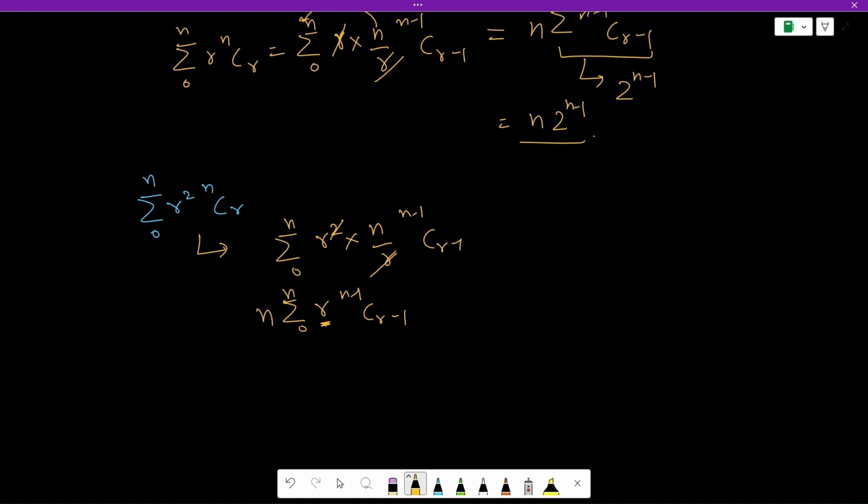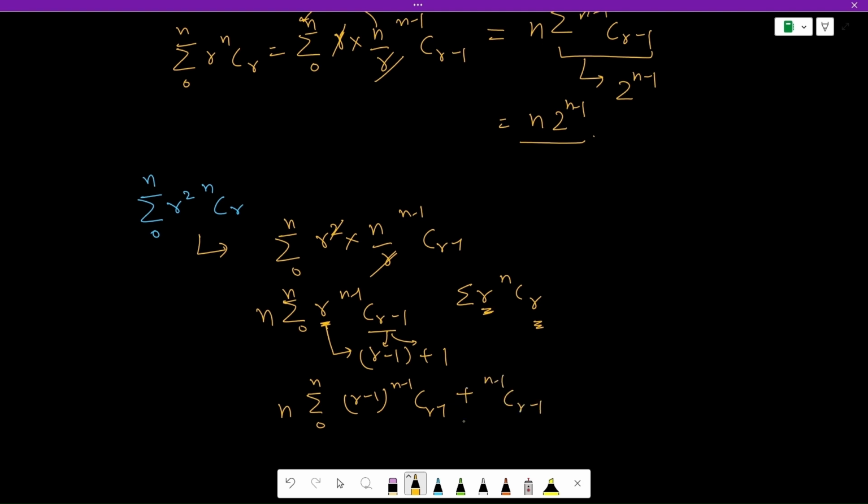Now this is similar to r and Cr summation, but here this and this should be exactly same, so we can make it exactly same by writing it as r minus 1 plus 1. Then we can distribute this over both of them, then it will become summation 0 to n r minus 1 n minus 1 C r minus 1 plus n minus 1 C r minus 1.